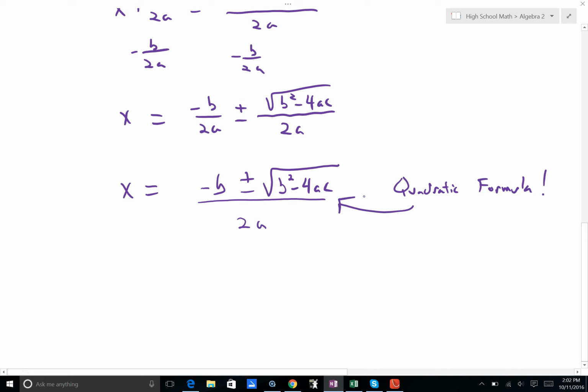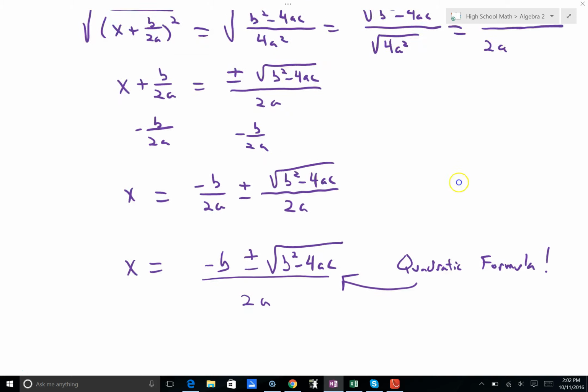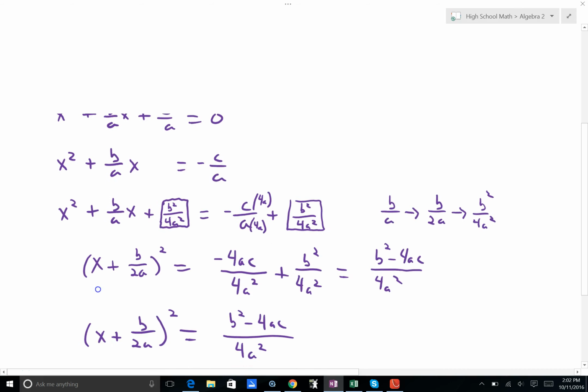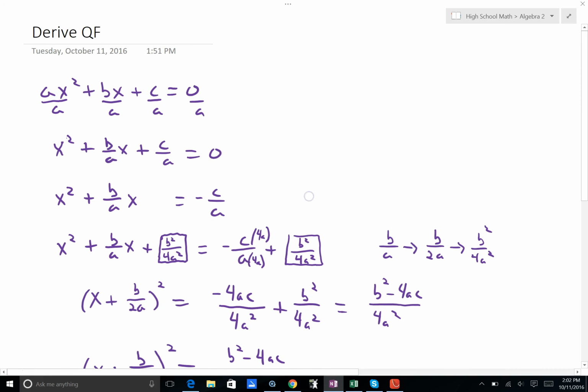So what we see is the quadratic formula is simply a sterilized version of completing the square. So if we know how to complete the square, if we know how to do this process, we don't need the quadratic formula.